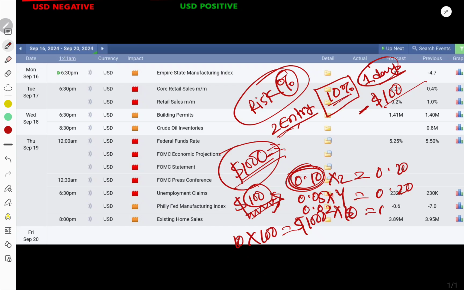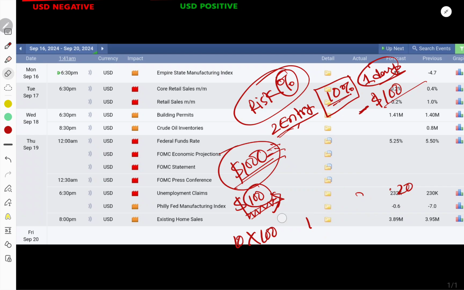It can be like that. If you want to take 10% risk on your $1,000 account, the same calculation applies to a $100, $200, $500, $5,000 or $10,000 account. You can get a sense of how risk management works.